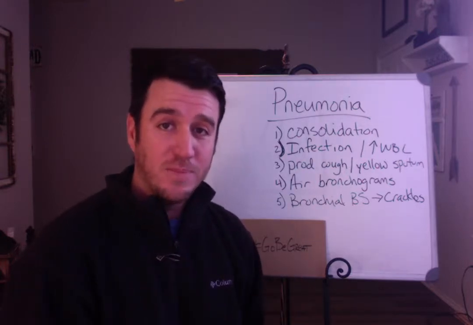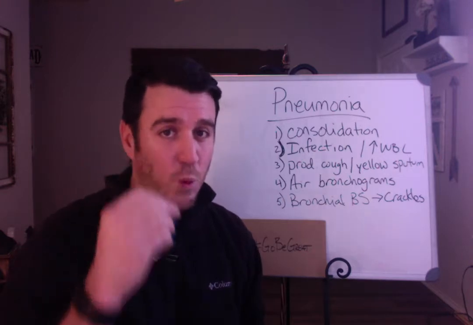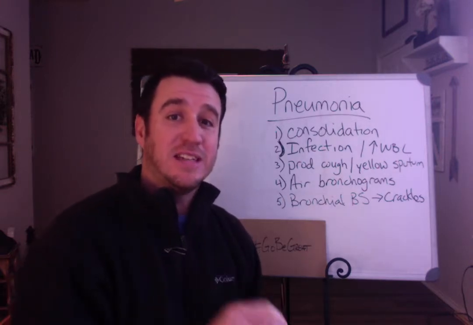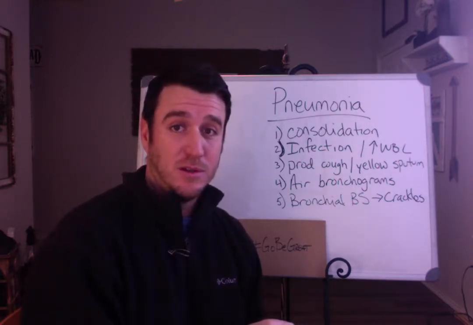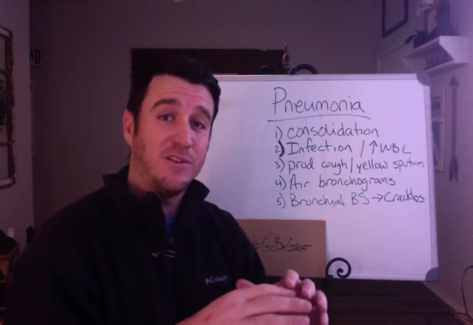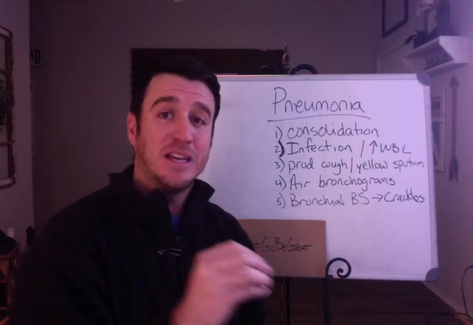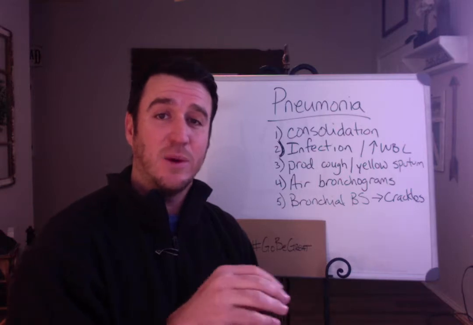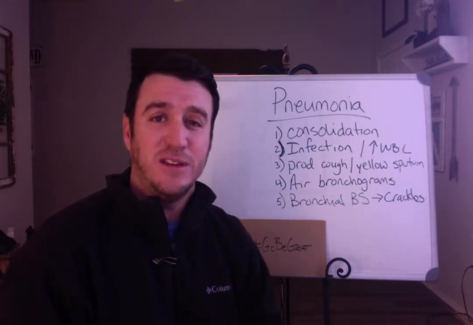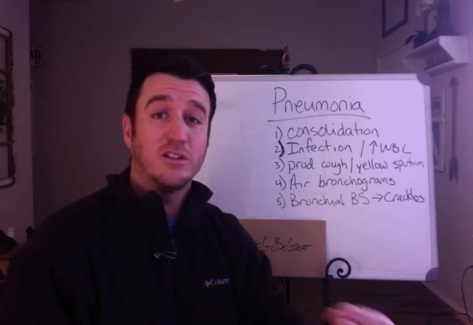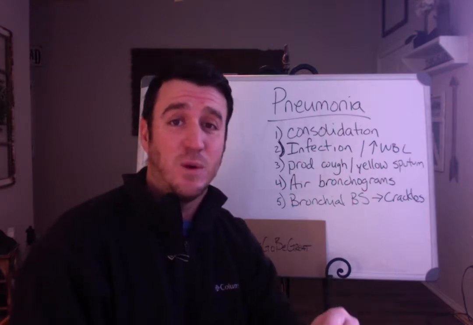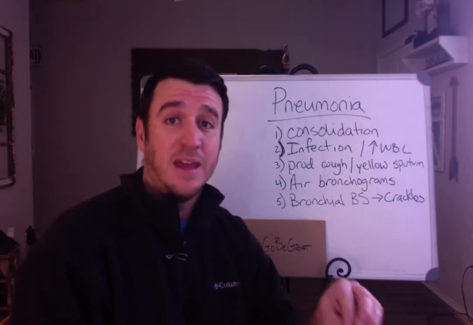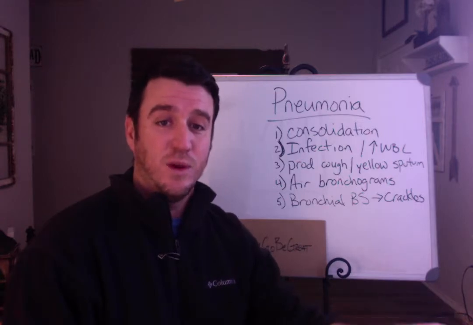But the word that you should associate with pneumonia is air bronchograms. Okay, because what happens is the alveoli become consolidated, but the airways do not. And so the airways almost look like little chicken feet on your chest x-ray. And this is what we call air bronchograms. And this is associated with pneumonia.